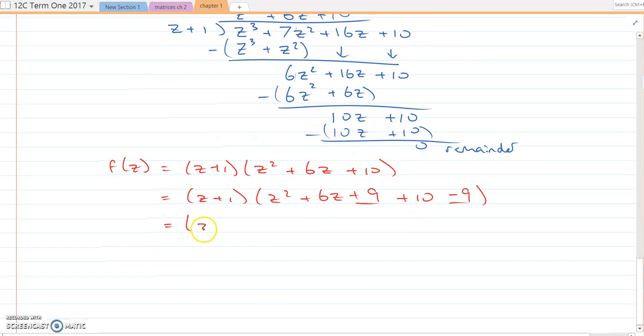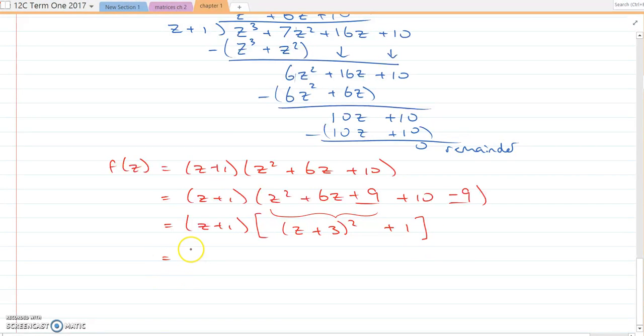I can now do z plus 1, and I should use a square bracket here, z plus 3 squared. That 3 is always half of that number. And 10 minus 9 is plus 1. Okay, z plus 1.